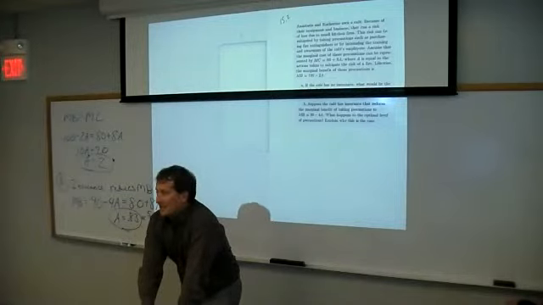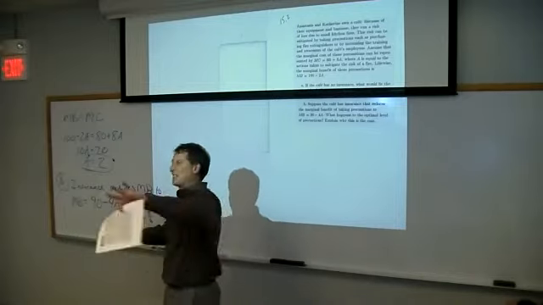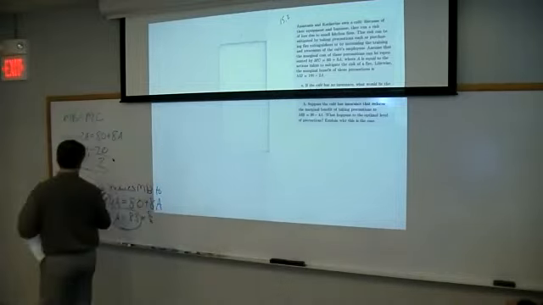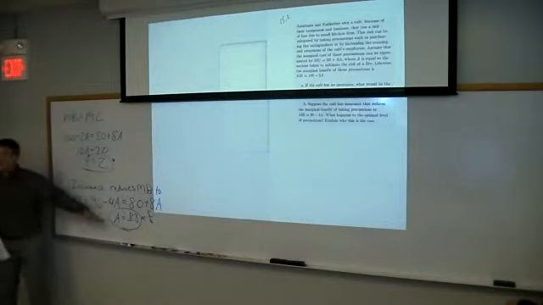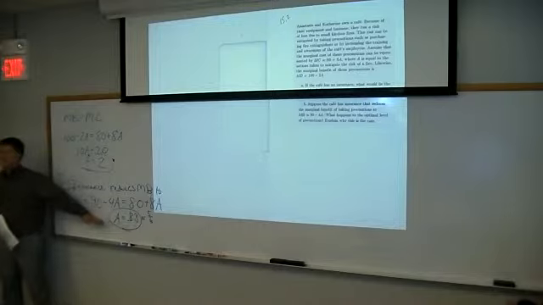Who remembers that stuff from some different classes? It's a moral hazard, that's right. Pre-contract is adverse selection, post-contract is moral hazard. In other words, after we've got insurance, we're changing our behavior.